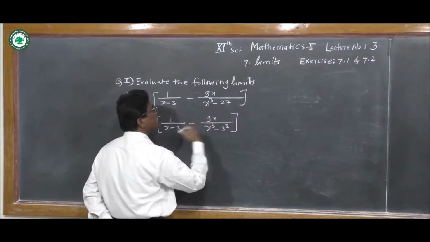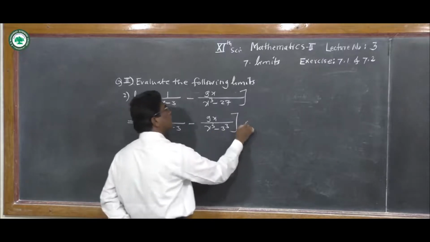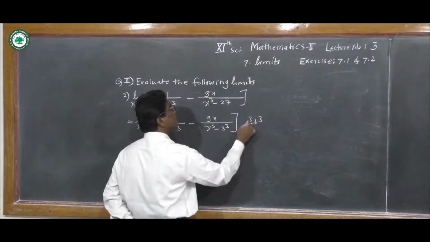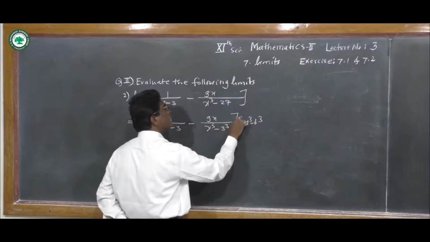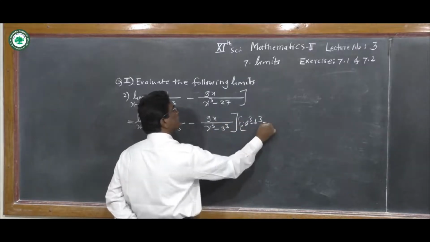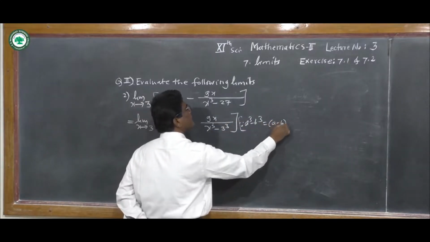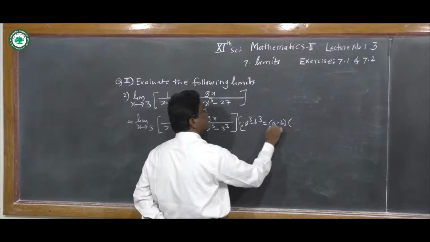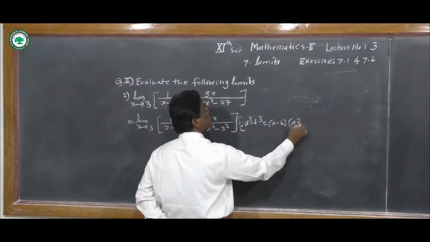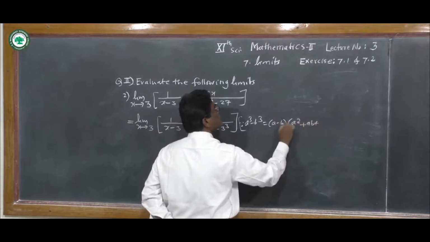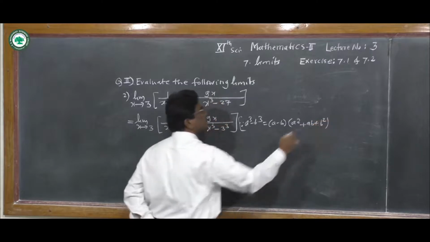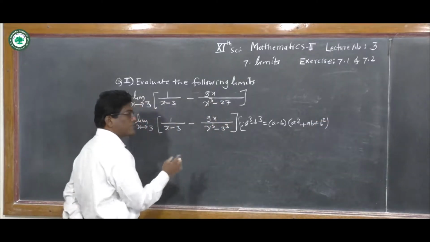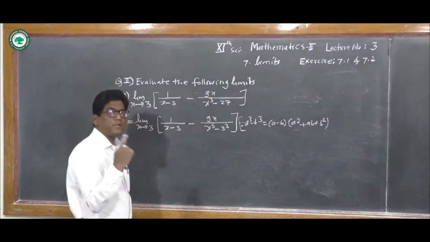Okay, and now use the formula a cube minus b cube, that is equal to in first bracket a minus b and in second bracket a square plus product of these ab and plus b square. Okay, these are the factors of a cube minus b cube.